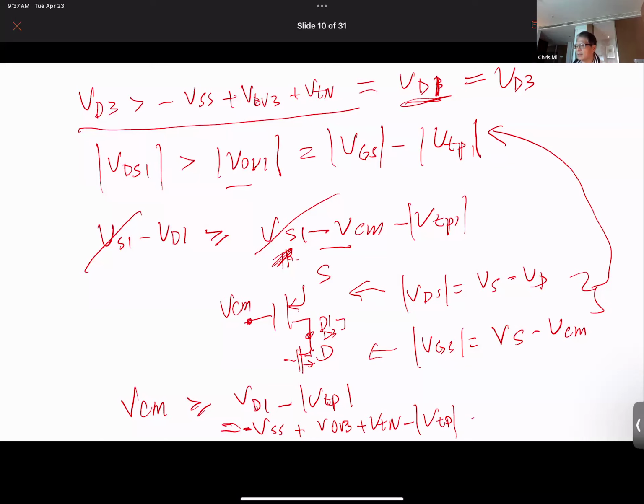VCM has to be larger than this, and we also get the upper bound. So now we can write the input range: VCM has to be larger than minus VSS plus VOV3 plus VTN minus VTP, absolute value.